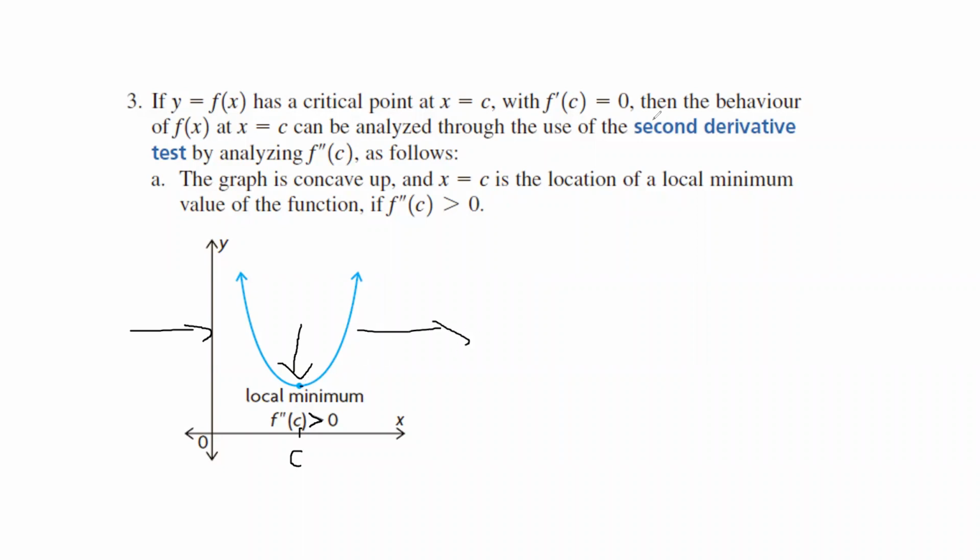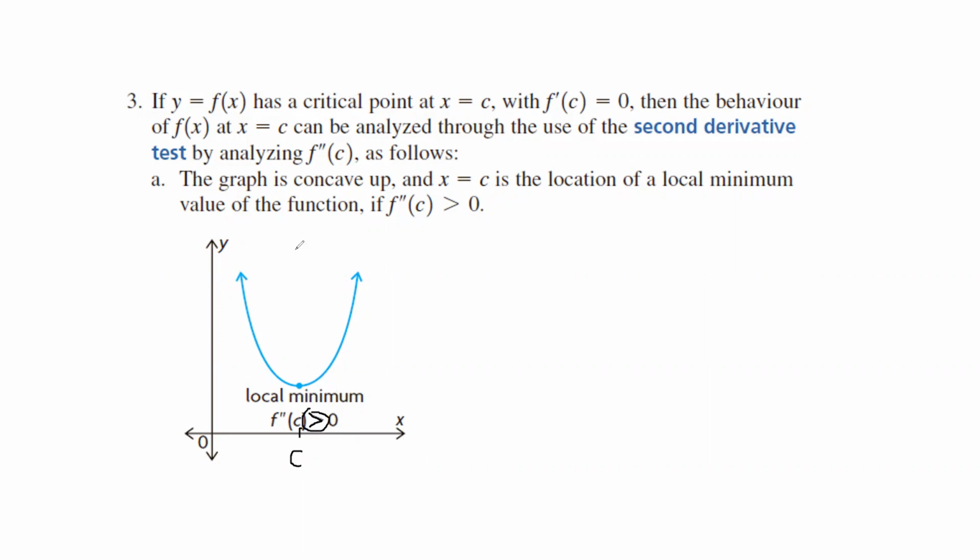But take notice how they plotted this here. They made two arrows looking in both directions. They want to emphasize that the shape the second derivative test can give you is based on the sign of the second derivative, not on the value of the second derivative, but on the sign.